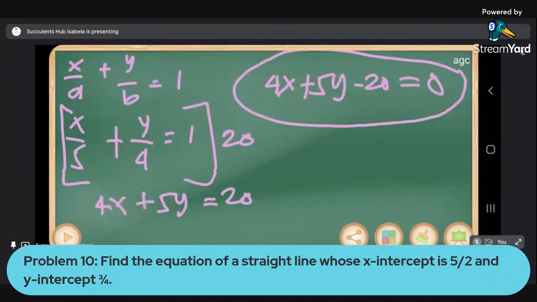So anyone? So parang ang lalabas lang dyan is x over a, where a is 5 halves, and then plus y over b, where b is 3/4, is equal to 1.